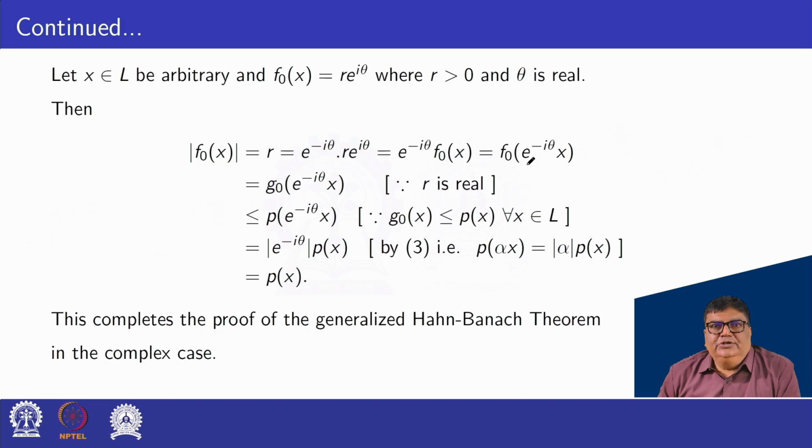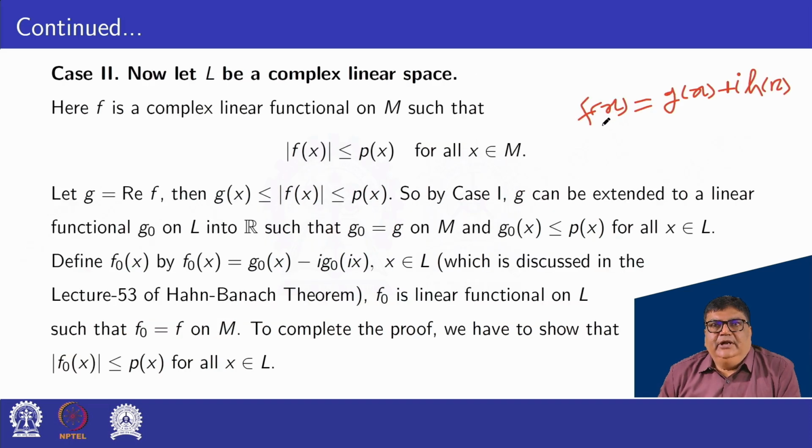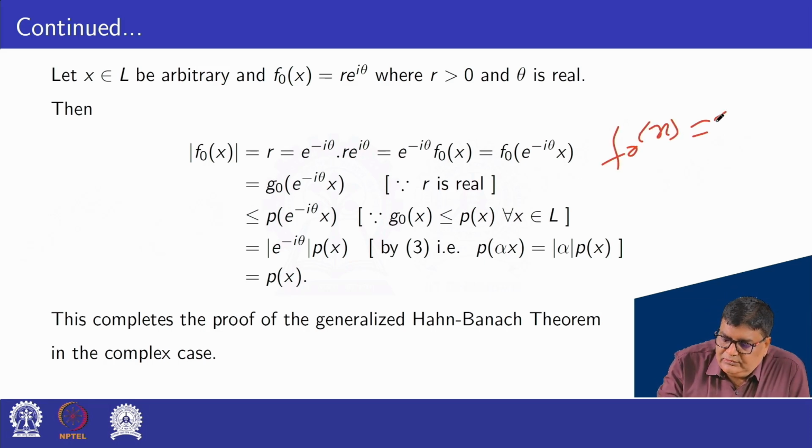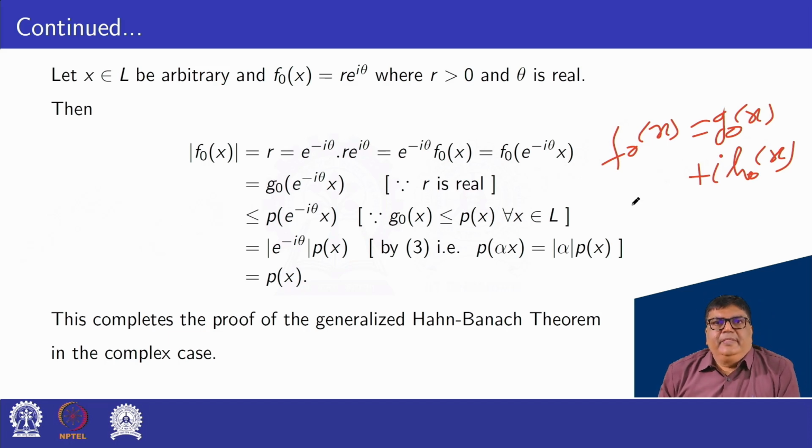Here r equals this, and r is real. So this is g0(e^{-iθ} x), because here f0(x) = g0(x) + i h0(x). Since r is real, this is the real part.